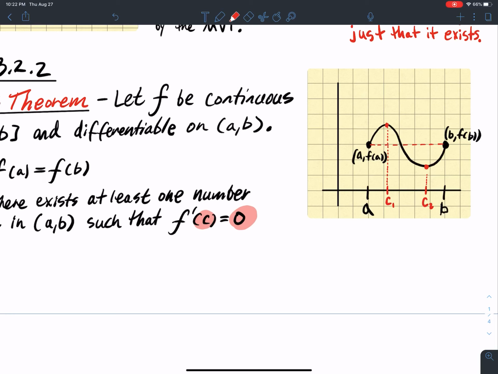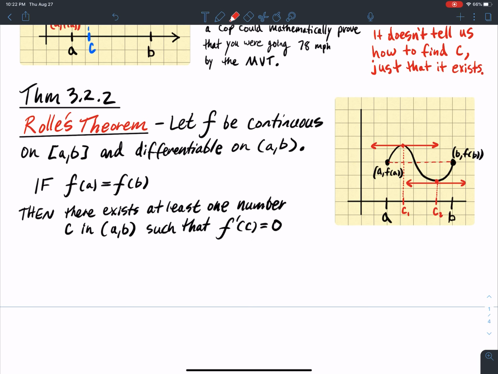That means the slope of my tangent line on this curve is a horizontal line. You can see here for c1, this gives me a horizontal line, and for c2, this gives me another horizontal line.